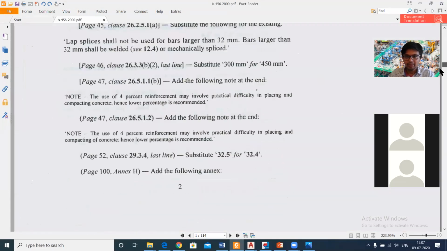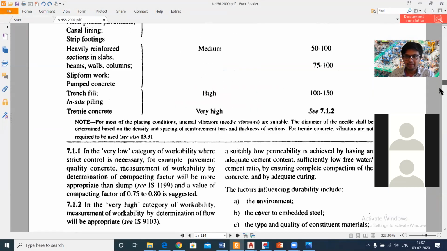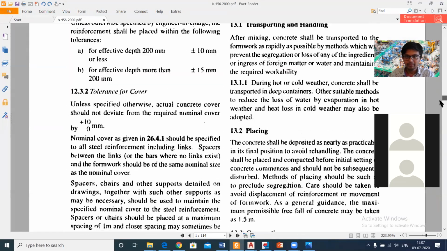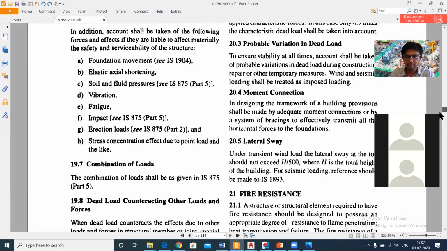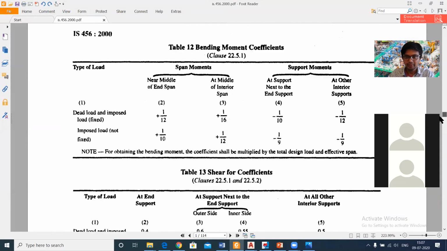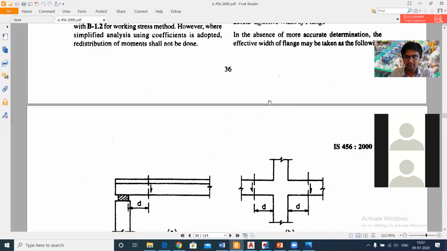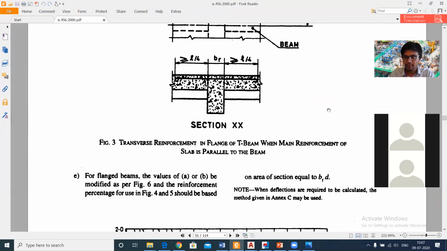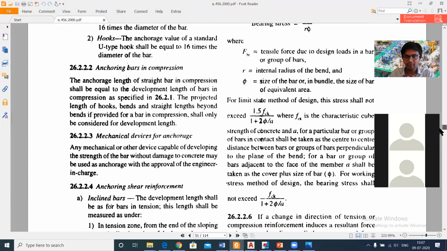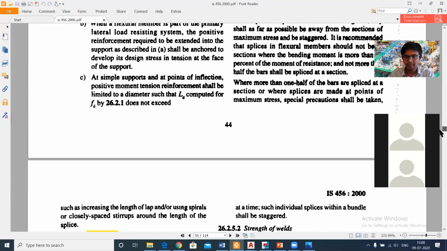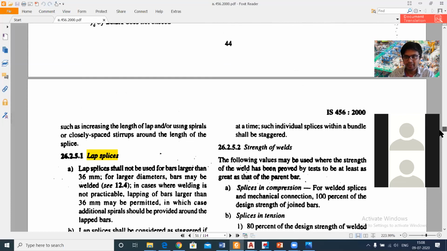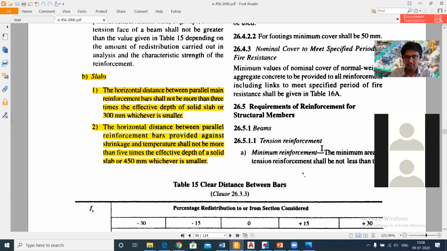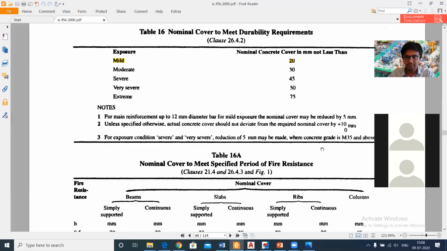Let us move on to clause 26.3. Have you seen this IS 456? Those of you who are in second year, third year, have already done design of concrete structures, in which they have covered this.